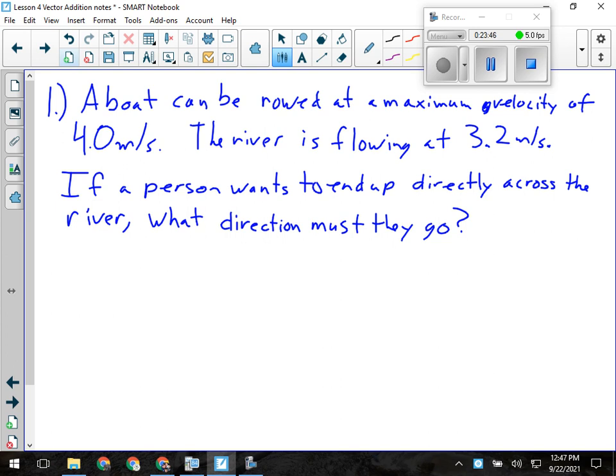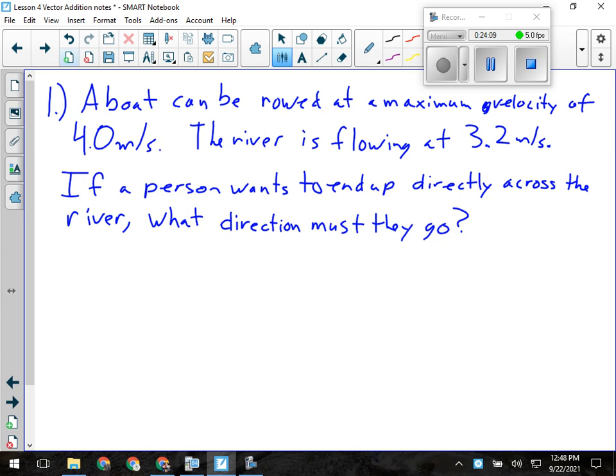So this is a going across question. The way I tell the difference is by, again, the wording. In this one, it says they want to end up directly across. So they're not going to accept being downstream. Now they want to end up directly across the river when they get across the river.